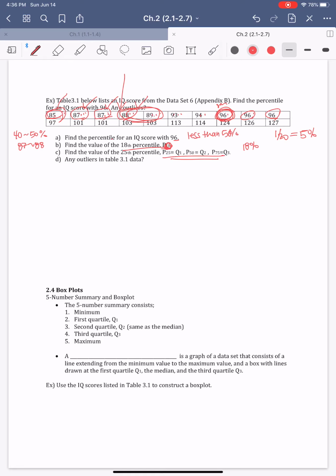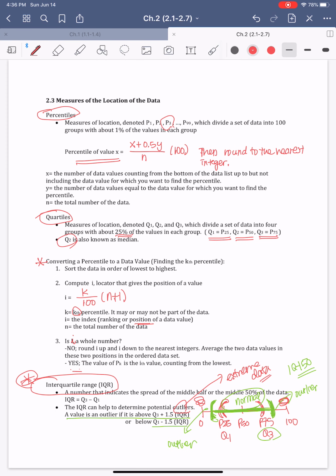For 50% of the data, remember this quartile, oops, I forgot to write down one thing about the quartiles.